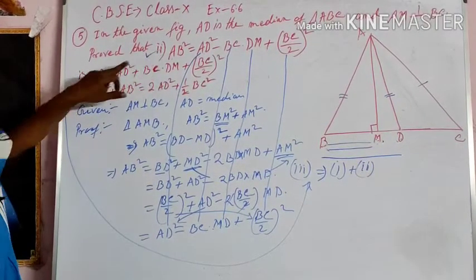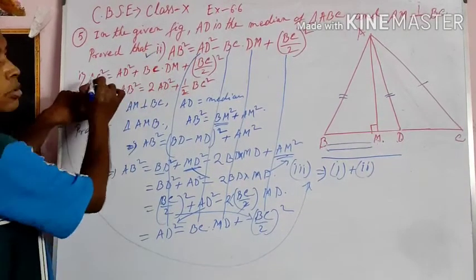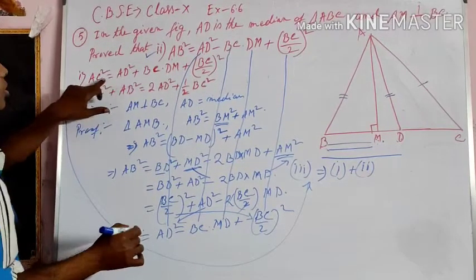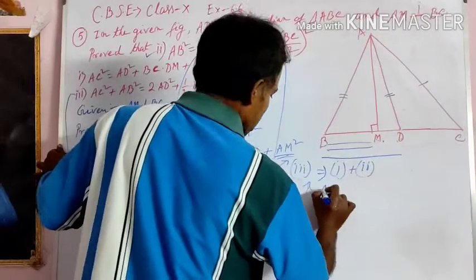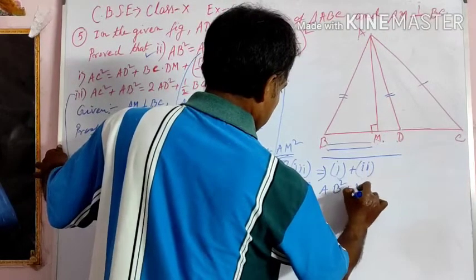If you add equations 1 and 2, on the left hand side we get AB square plus AC square.